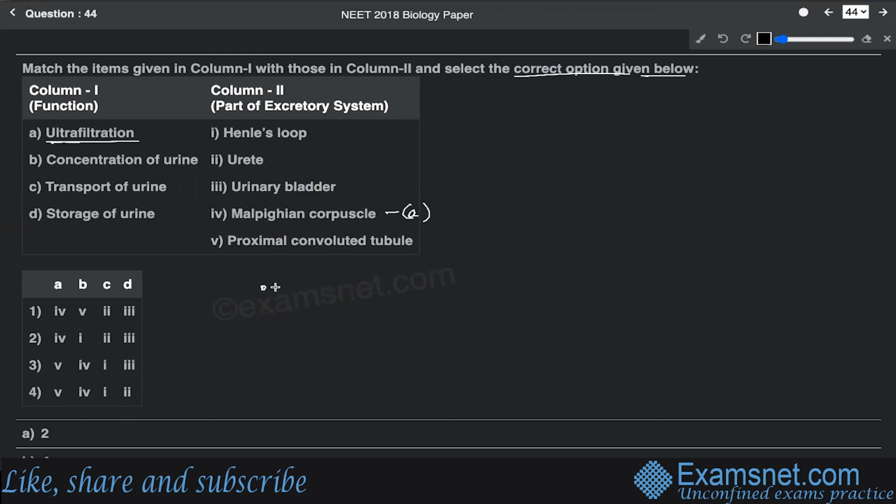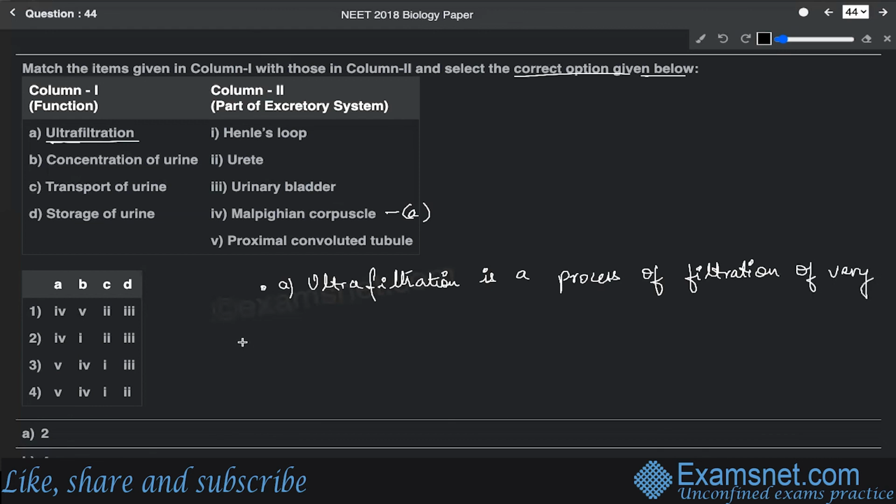So we can just write that ultrafiltration is a process of filtration of very fine particles, and these fine particles can include important ions or any kind of minerals.